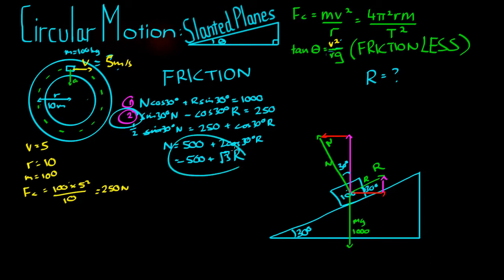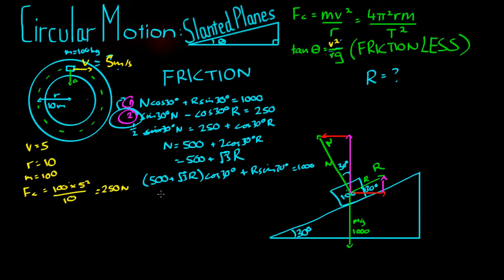So now let's sub this information back into equation 1 to eliminate N. Instead of writing N in here, we'll write 500 plus root 3 R, times cos 30 degrees, plus R sine 30 degrees equals 1,000. Now we just need to get R by itself.